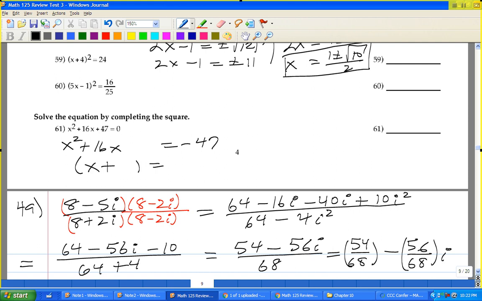Since this is a monic polynomial, let me just take 16 divided by 2, which is 8, and 8 squared is 64. So let me add 64 to both sides of my equation. 64 minus 47 is 17.